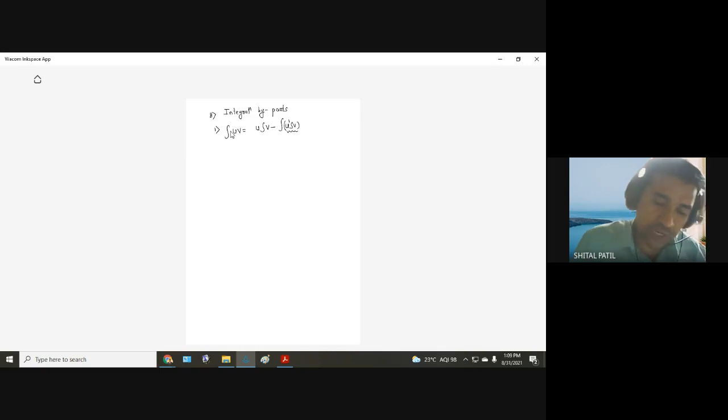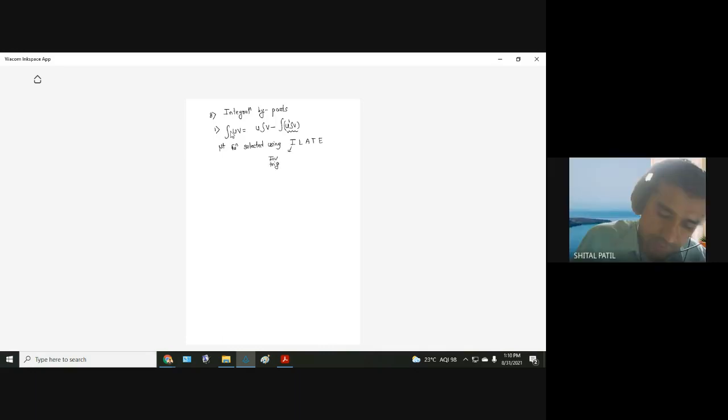Multiplication of these two and then integration. Okay. And how to choose the first function? The first function is selected using the ILATE rule.